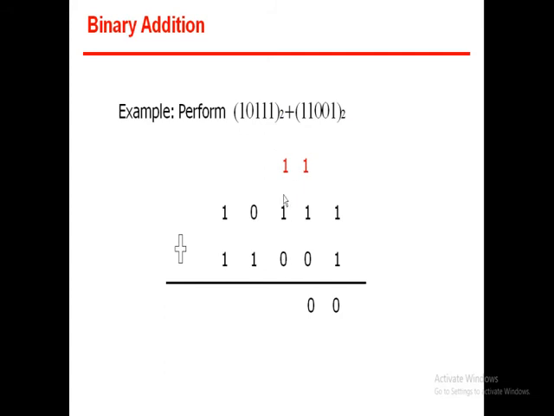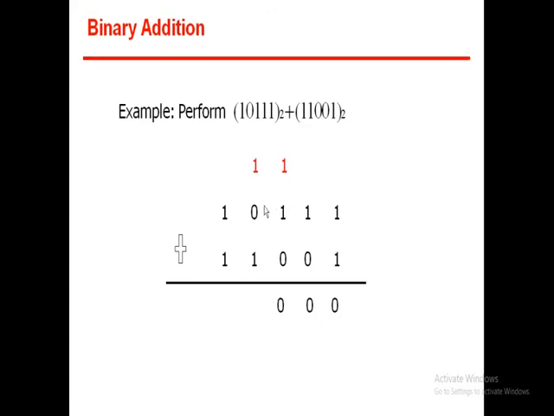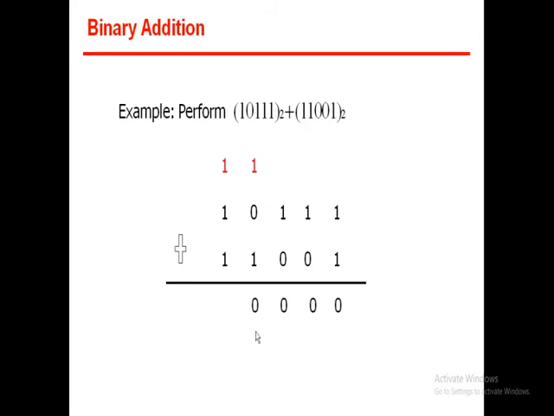Then 1 plus 0, 1, then add carry, then we will get 0 sum and the carry is 1. So 1 plus 1, 0, there is a carry, then 10 plus 1 is 11. So it will be 11.